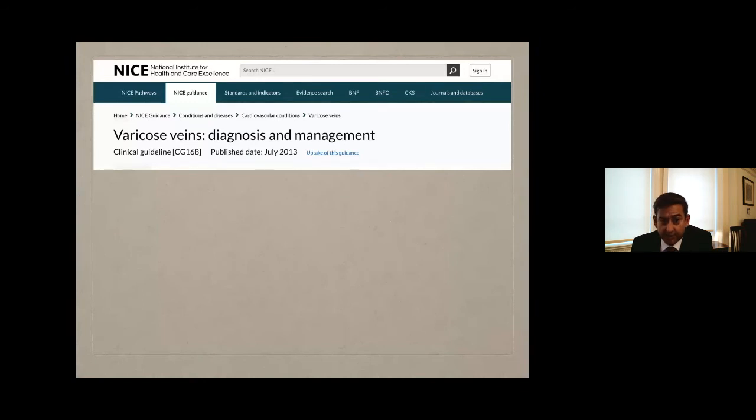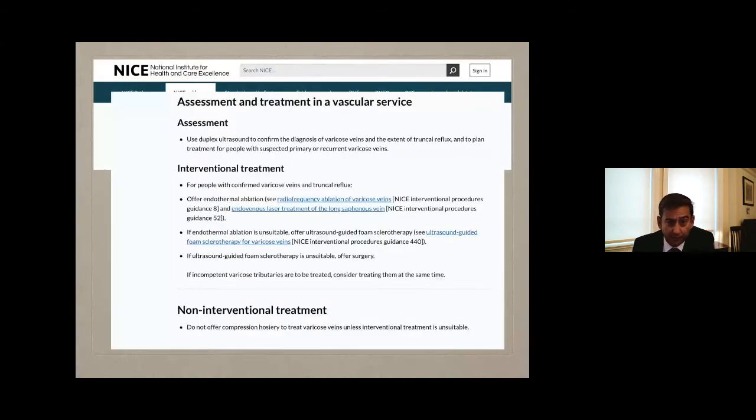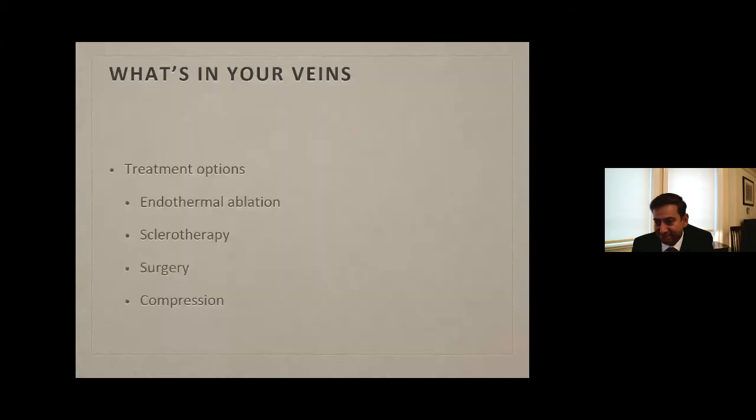So this is just the picture of the NICE guidance that was revised back in 2013, recommending endothermal ablation as first-line treatment for patients. So how can we treat varicose veins?